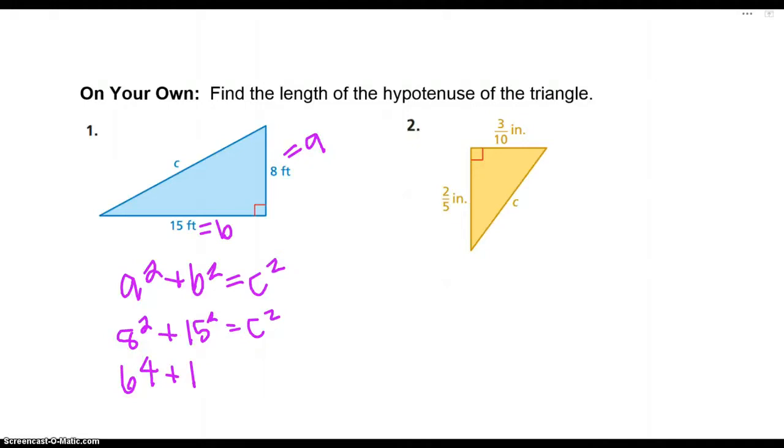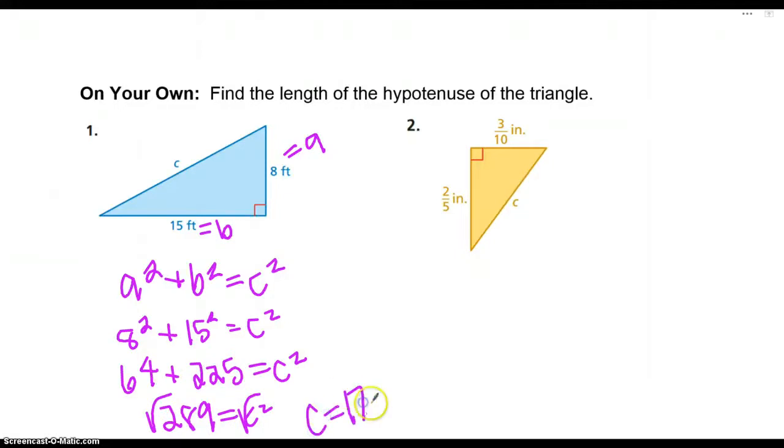Yes. And then that is equal to C squared. So right now you need to do 64 plus 225. You get 289. So 289 is equal to C squared. So to find C, you take the square root of both sides. And the square root of 289 is 17. So C is equal to 17 feet.